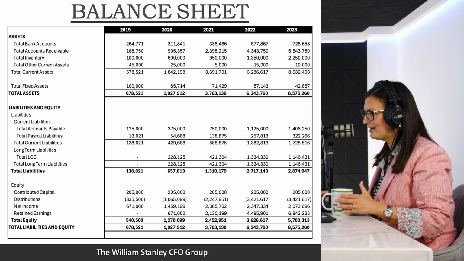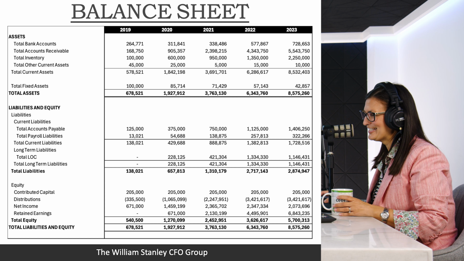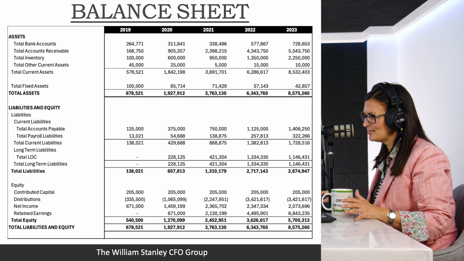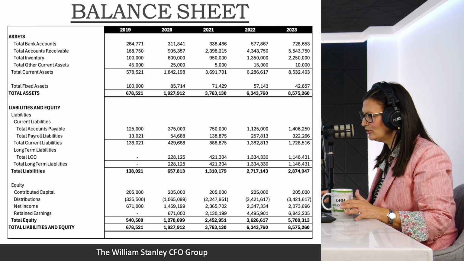Yes. Yes. All right. So we looked at the income statement, absolute value, and vertical, but I think we need to look at the balance sheet as well. All right, I've got it, the balance sheet. So I can see, not dissimilar to the income statement, we've got quite a bit of volatility here. I can see some big changes in accounts receivable from our first year to our most recent year.